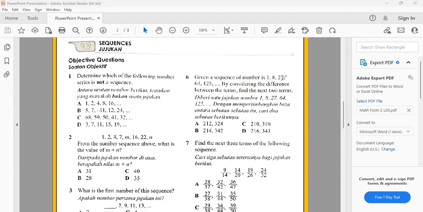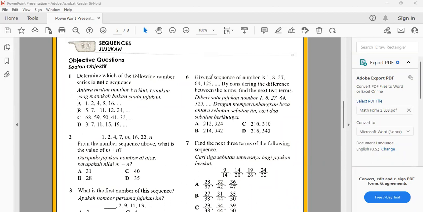Something about these numbers is a bit unique if you notice it. Who knows what is the secret behind this sequence?